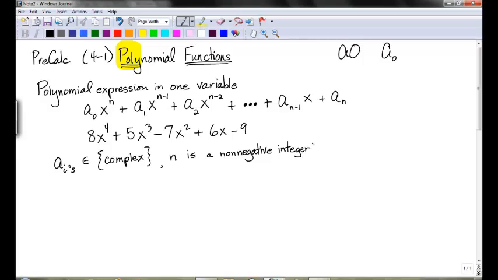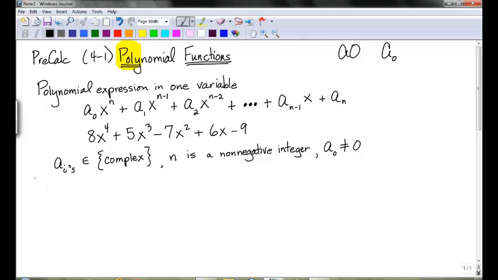And that makes you go back and review integers. Integers are like the set 0, 1, 2, 3, dot, dot, dot, and negative 1, negative 2. So like 1/2 is not an integer. Okay? So all the n's have to be integers. And the a sub 0 cannot equal 0. Like my a sub 0 would be 8. Okay? So that's a polynomial expression.